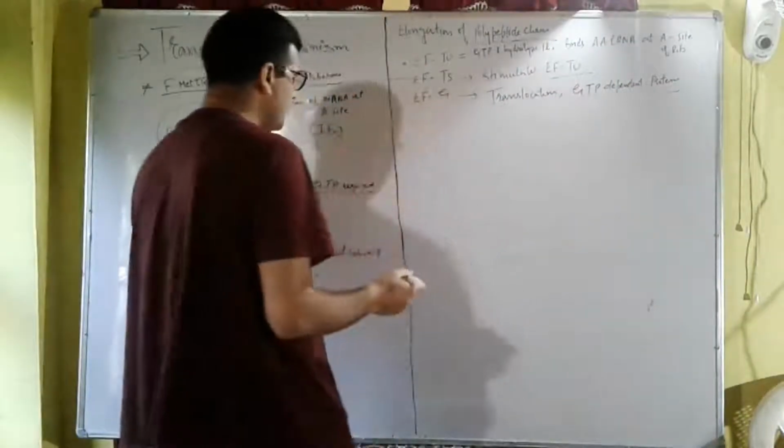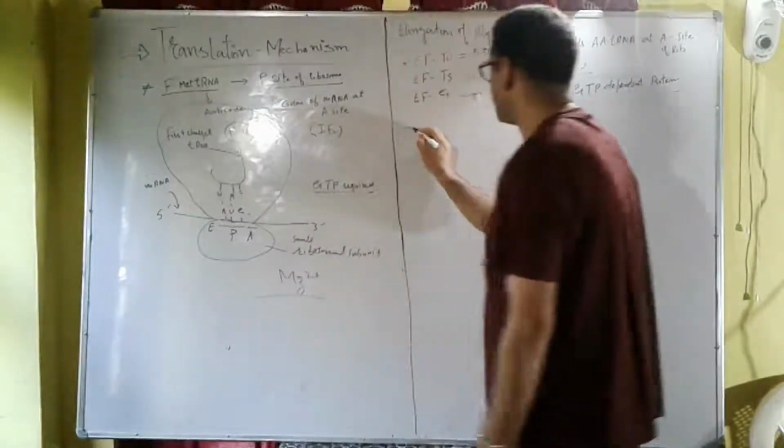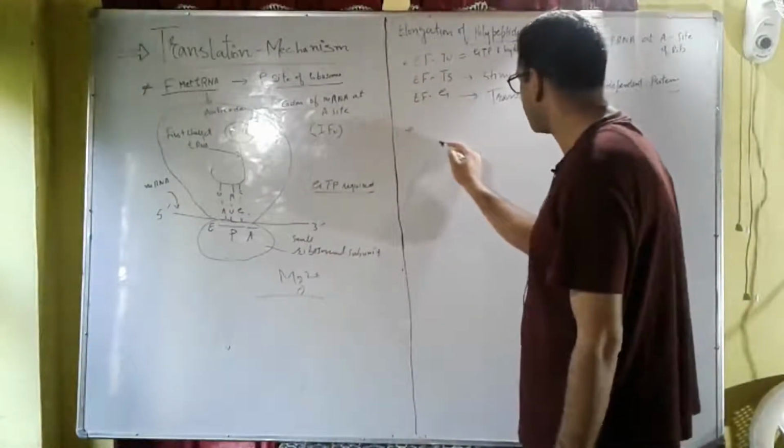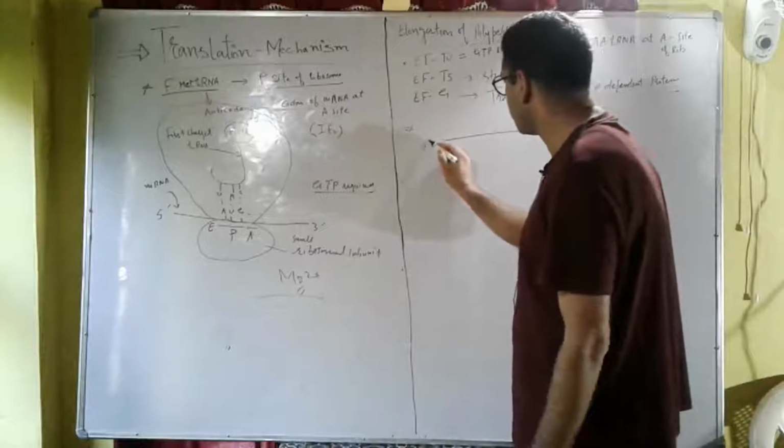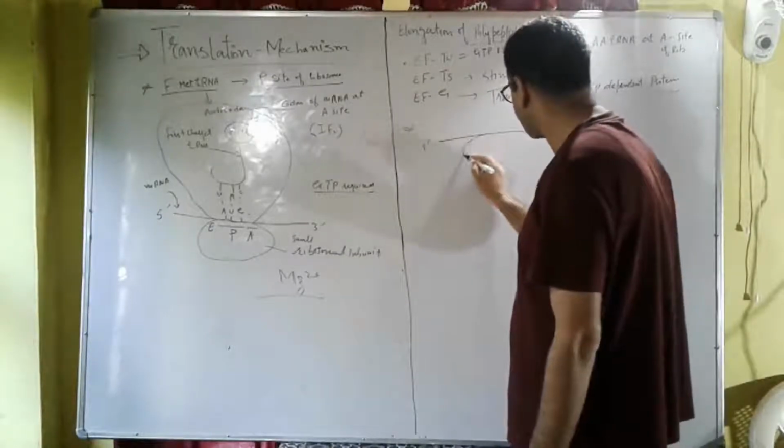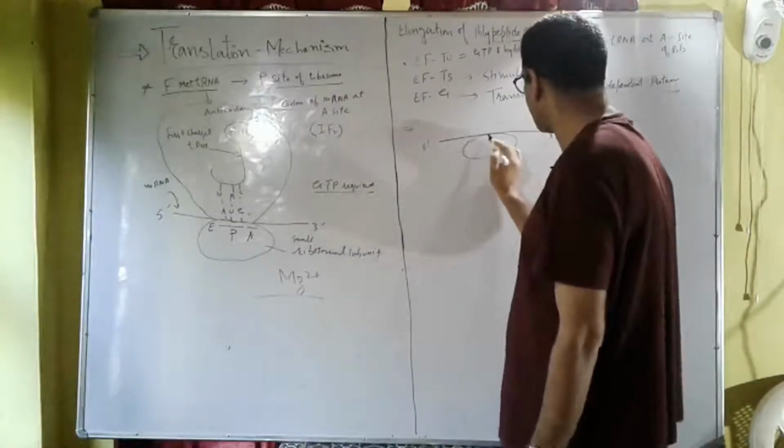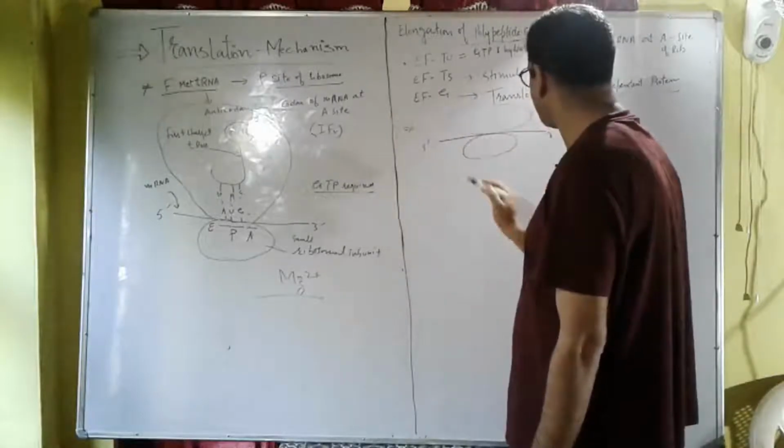Now how does this elongation process take place? This is mRNA and this is the ribosome.